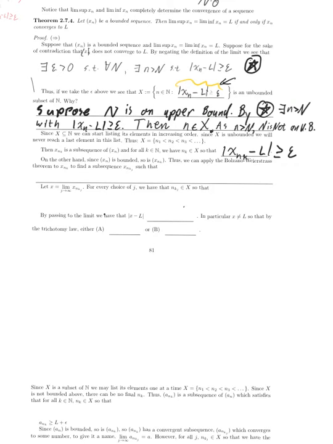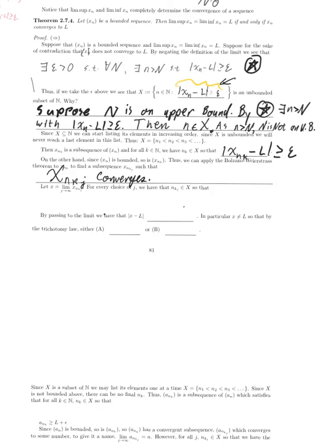So now j is the independent variable, k depends on j, n depends on k, which in turn depends on j, such that x sub n sub k sub j converges. Let's let x be the limit, just for specificity, of x sub n sub k sub j.